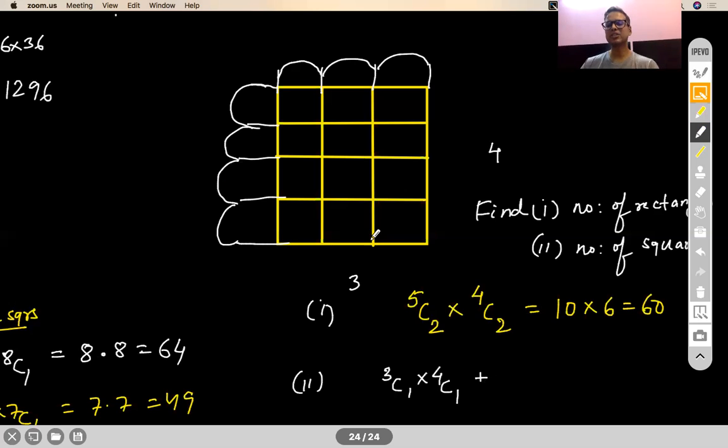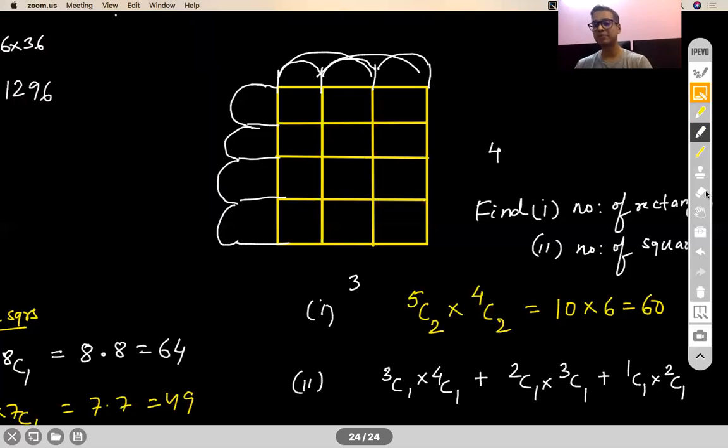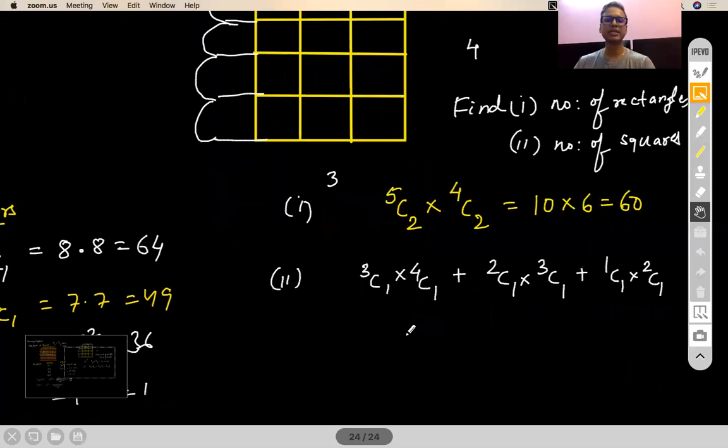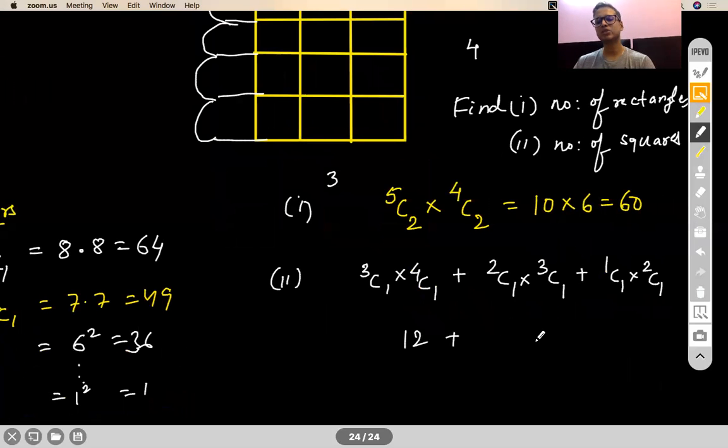To make a 2 by 2, you can choose any one of these, and similarly here 3C1. And to make a 3 by 3, you can choose like this. Remember, 4 by 4 cannot be made. So your answer will be 12 plus 6 plus 2. That is nothing but 20 squares.